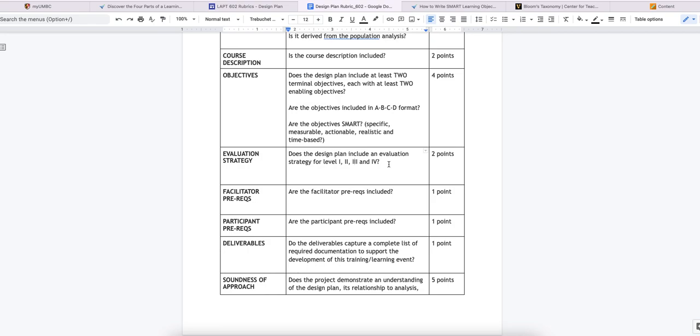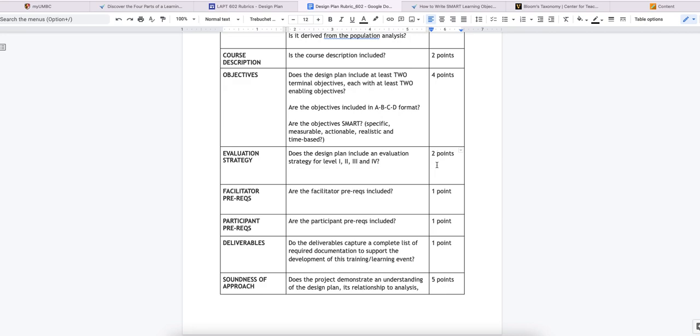It's important to note that level 3 cannot happen during the learning event. It's after. It's after, as is level 4. Level 4 happens after. It can't happen during the learning event. Level 3 is whether or not they applied what they learned, and level 4 is whether or not the application of what they learned achieved the desired results.